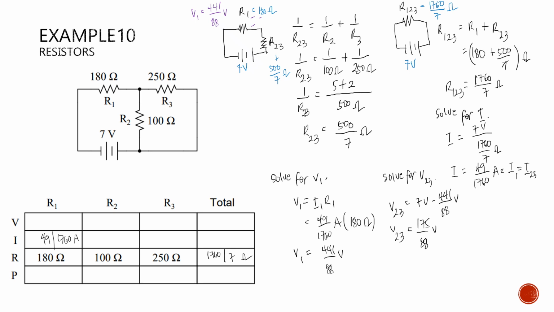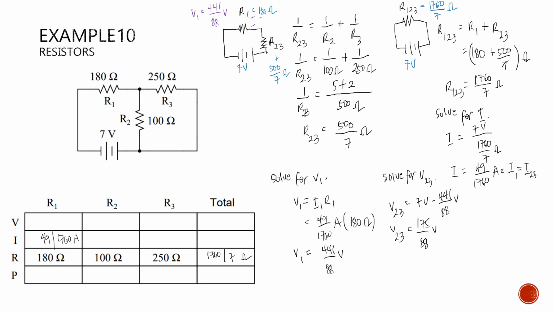Which is, by the way, just equal to V at 2 and V at 3. Okay, because this single resistor is a combination of these connected in parallel. So whatever is the potential difference here, it's the same for R2 and R3.